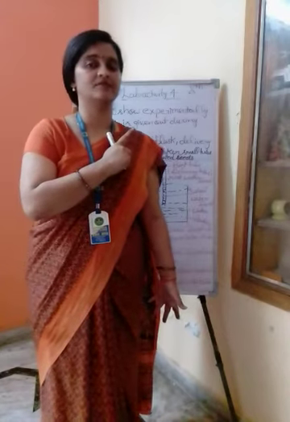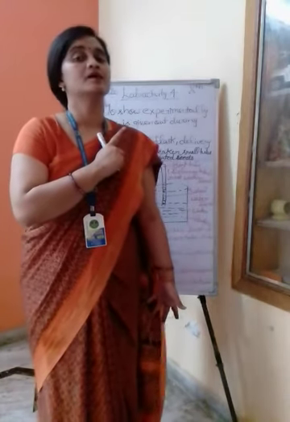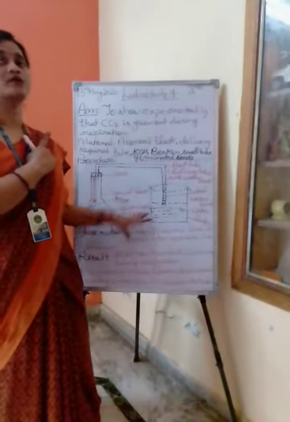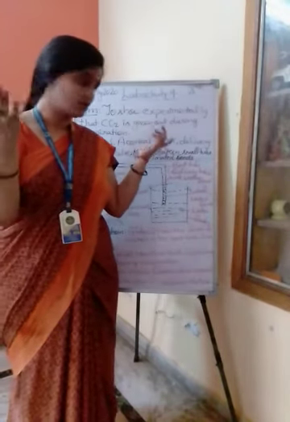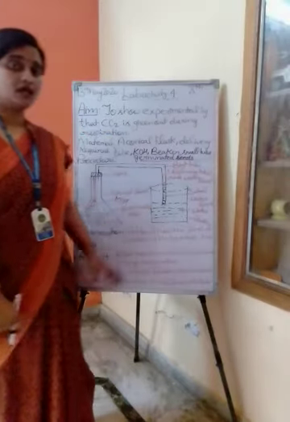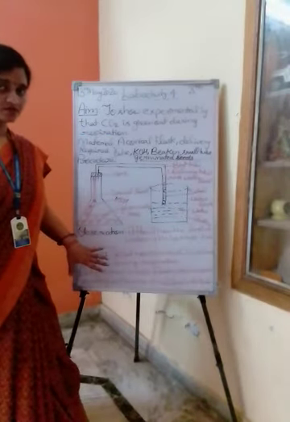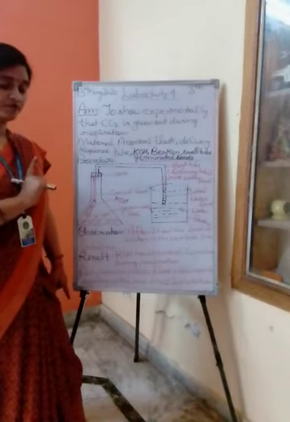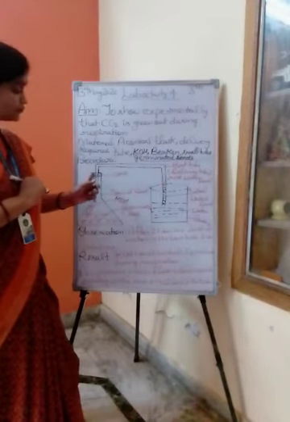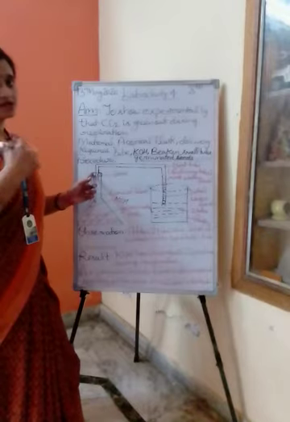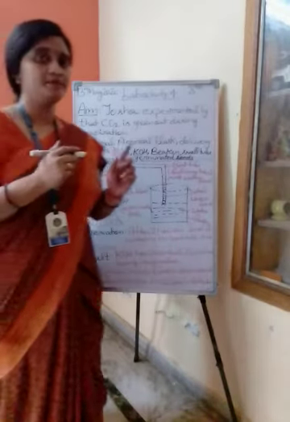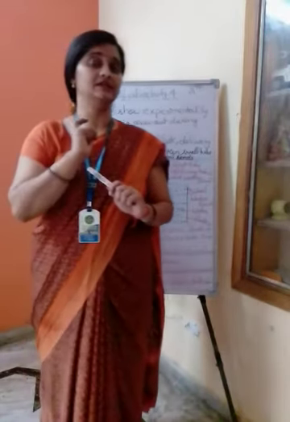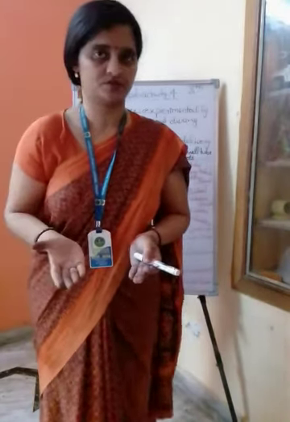That is the reason we take germinated seeds in the conical flask for this experiment. Okay, that is the precaution. Now, the cork used should be a wooden cork or rubber cork. The cork should be used tightly. That is the precaution.